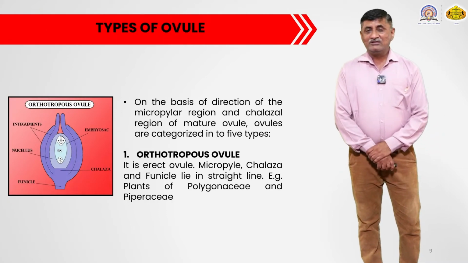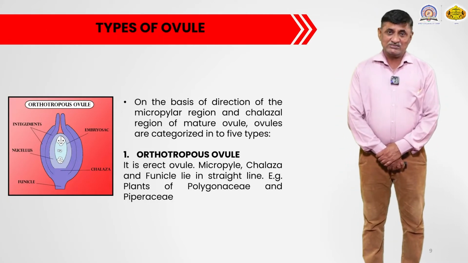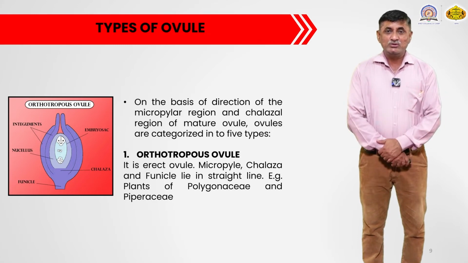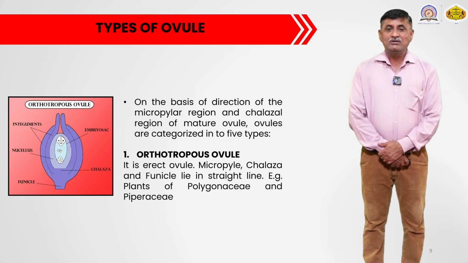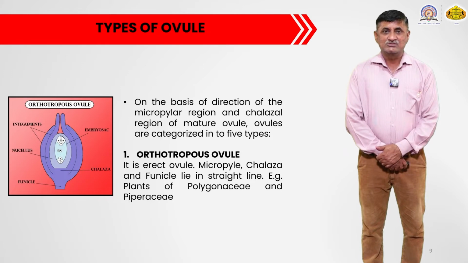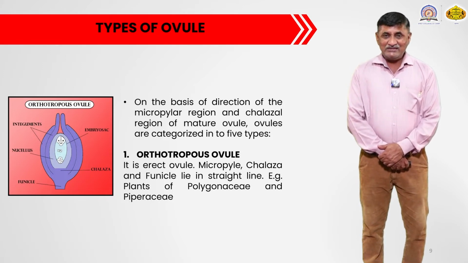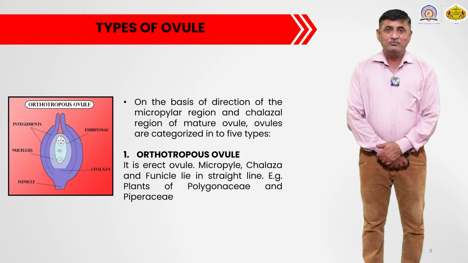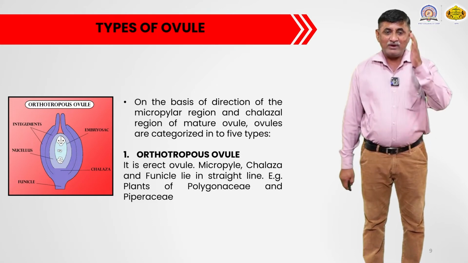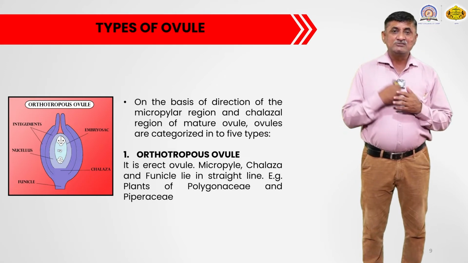Now after studying this ovule structure, I have already mentioned that there are about 5 kinds of ovules found in angiospermic plants, and these categories or types of ovules are prepared on the basis of the position of the micropylar end and funicle or stalk.